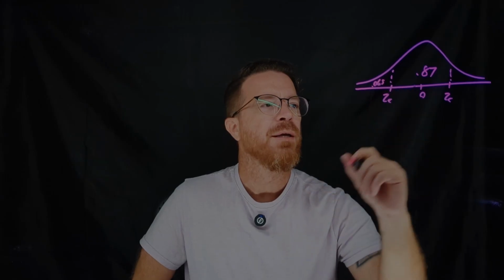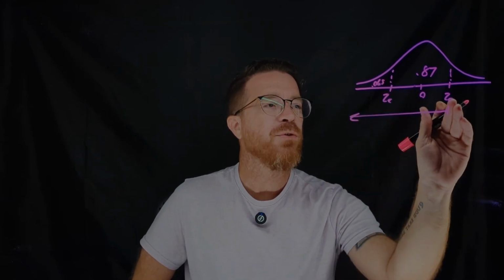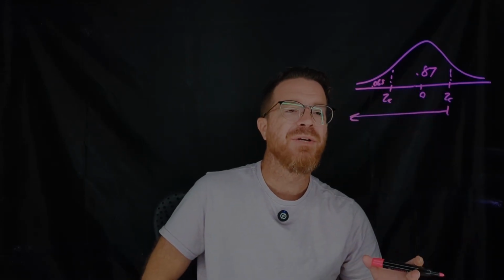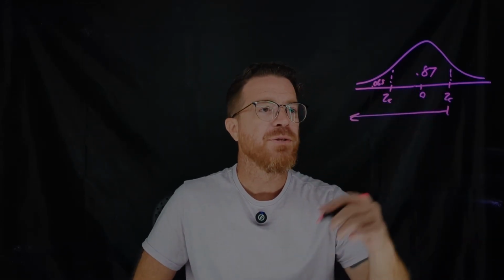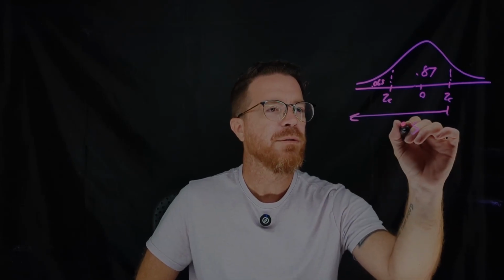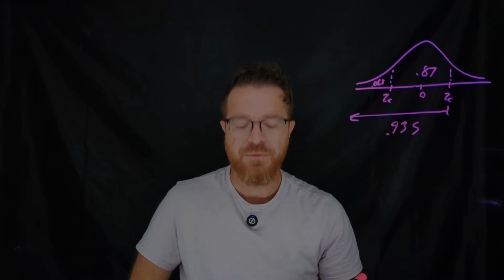0.065. So then what I need to do is figure out what z critical value would have 0.87 plus 0.065 to the left of it. So this ends up being 0.935.